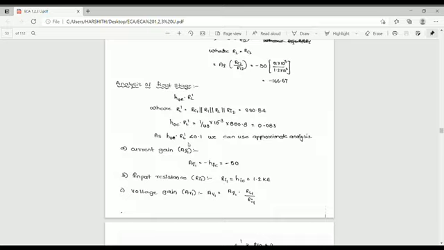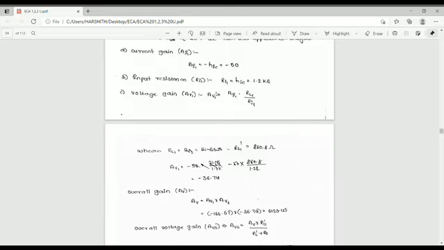And the voltage gain. First stage voltage gain is AV1. So AV1 equals the same, current into resistance, that becomes AI1 into RL by RI1. That becomes minus 50 into 881.8 by 1.2 into 10 power 3, which is minus 36.74.